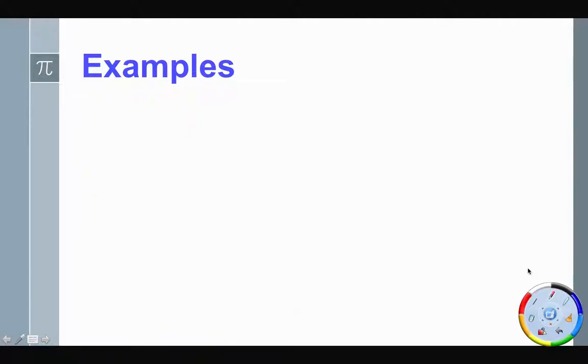What about another example? Let's take a look at this one. We get 4 over x minus 3 over x plus 1 is equal to 1. If I were to look for the LCD in this case, I have an x here, but I have an x plus 1.